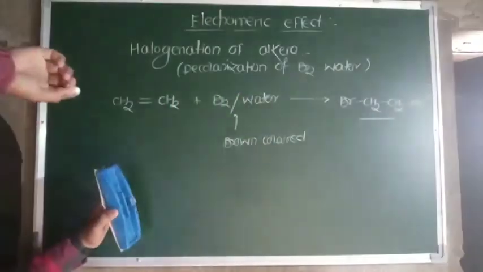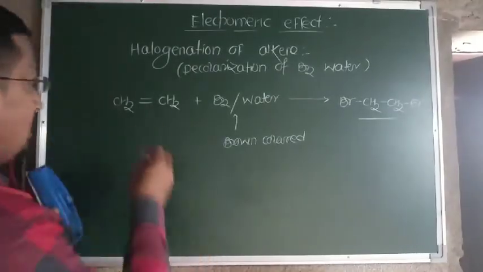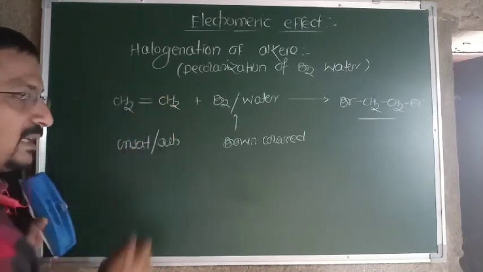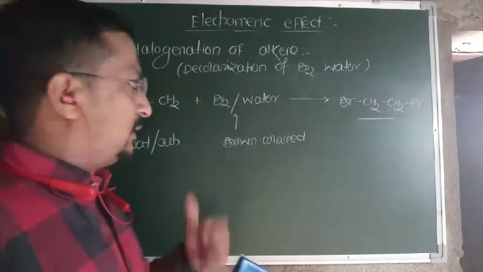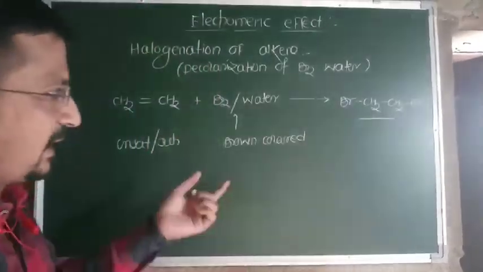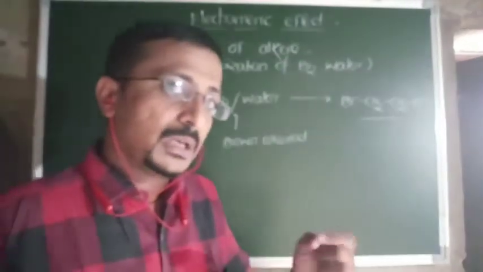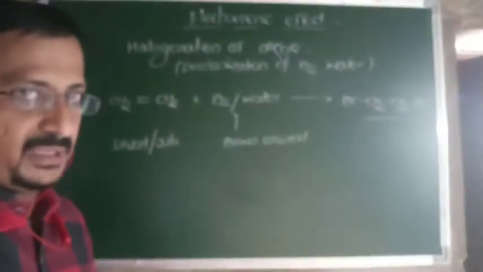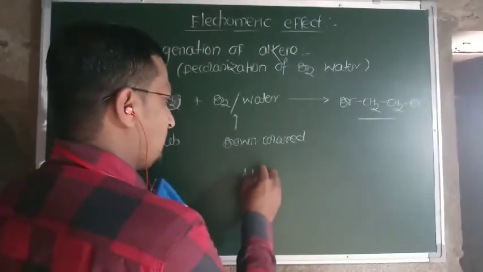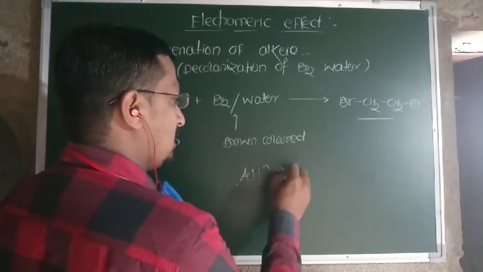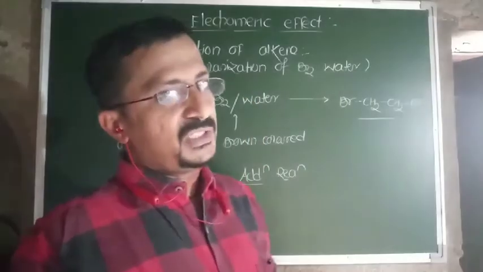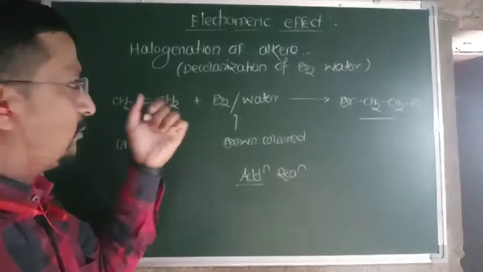When you add bromine water to an unsaturated substance containing multiple bonds, either double or triple, the brown color of bromine disappears. This is the characteristic test to check the unsaturation present in the organic molecule. Simply, this is an addition type of reaction in which the bromine molecule adds across the unsaturated carbons, one bromine here and one bromine here, isn't it?